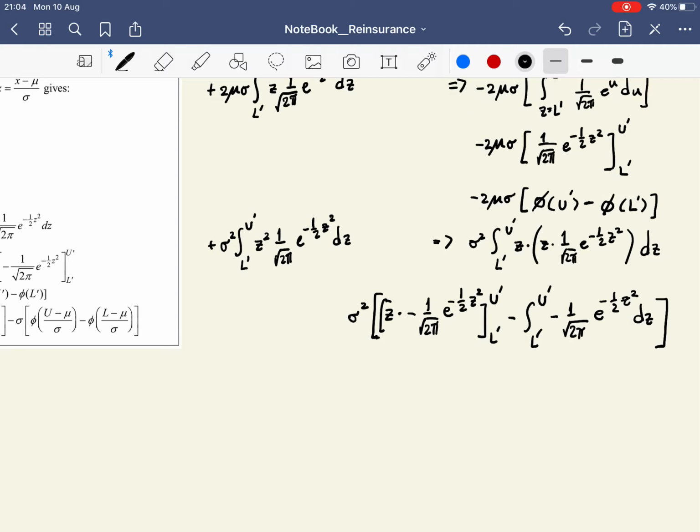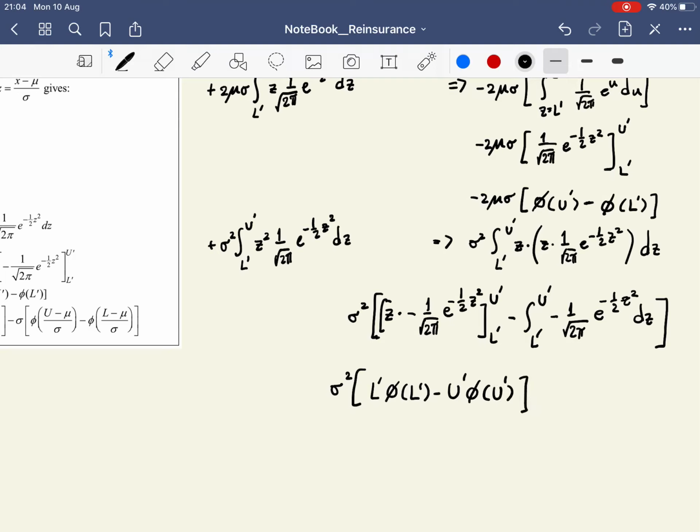and this one is just the sigma square. The first part is U prime, right? U prime, then this one is just the lowercase phi of U prime, but we have a negative here, so we have the lowercase phi of L prime, take away U prime and lowercase phi of U prime.